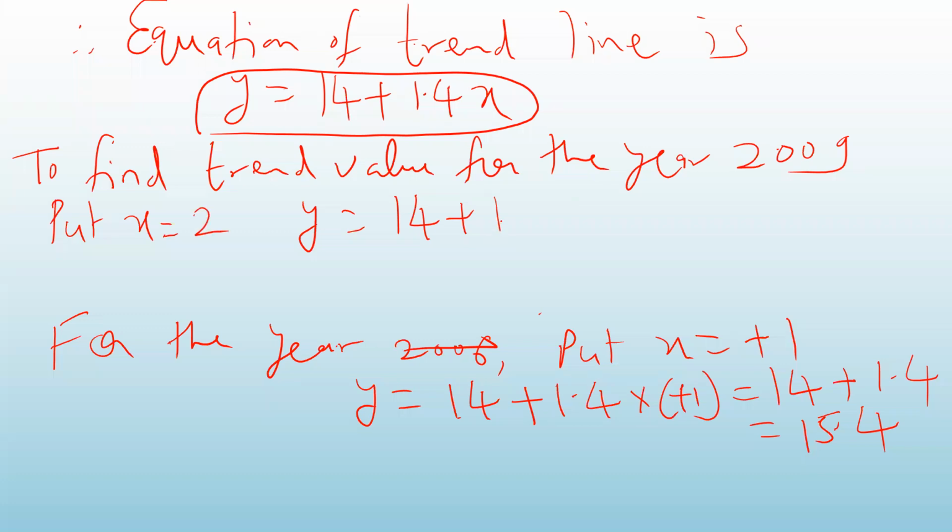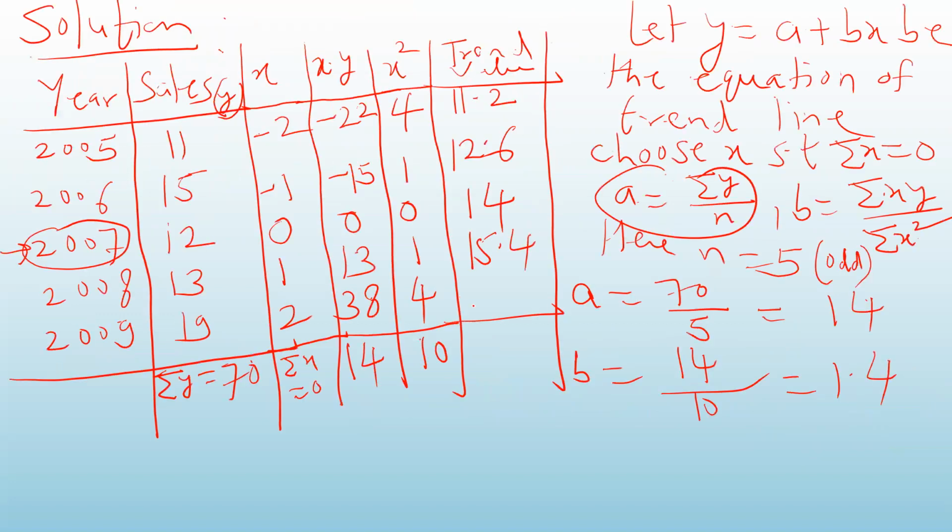So y is equal to 14 plus 1.4 into 2. That will give you 14 plus 2.8, since 1.4 into 2 is 2.8. So it will be 16.8. So you can write here for 2009, it is 16.8. So you have calculated the trend value for all the years.